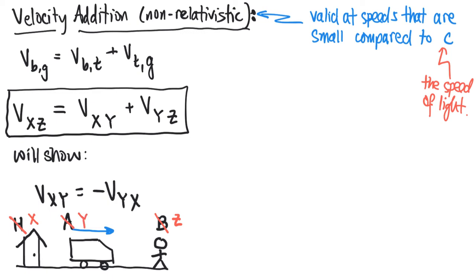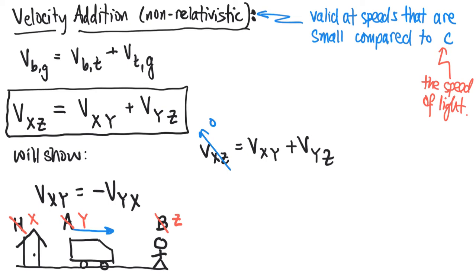And then we come back to our equation, Vxz equals Vxy plus Vyz, and we notice right away that since Bob and the house are at rest relative to each other, that means that we know Vxz is equal to 0.